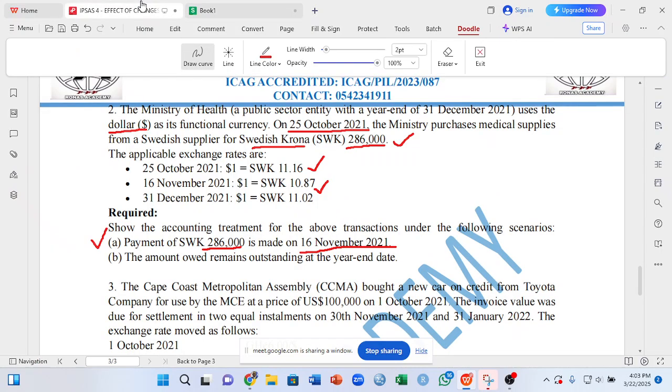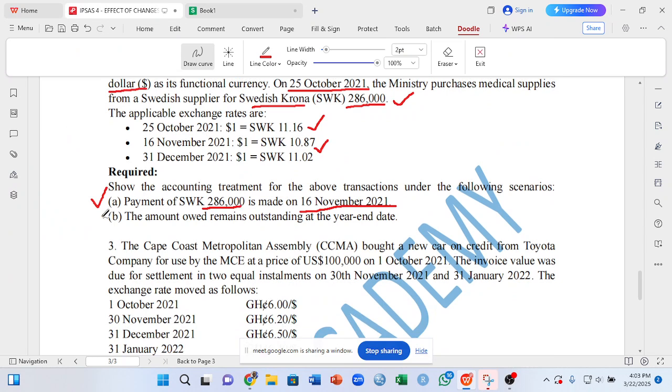Let's go to B. B says that we should assume that the amount owed remains outstanding at the year end. At year end means you have not made any payments, and if you have not made any payments, you need to report the figures in your financial statement at the year end.